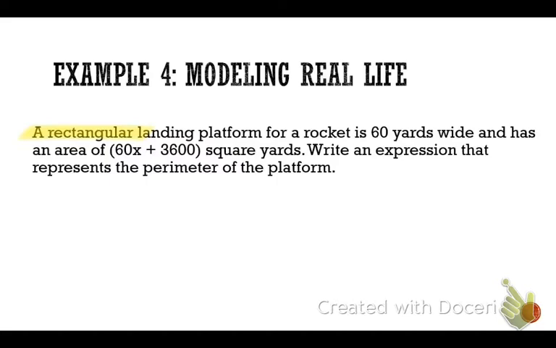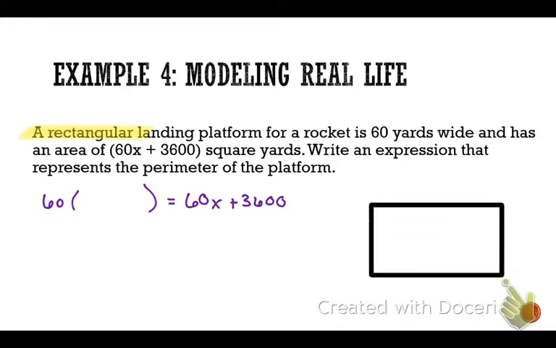So we're going to set it up the same exact way, except now it's 60. The width times the length that I don't know will equal my total area of 60x plus 3,600. And here's what I'm trying to do. I want you to draw a rectangle off to the side. Let's talk about the dimensions here.